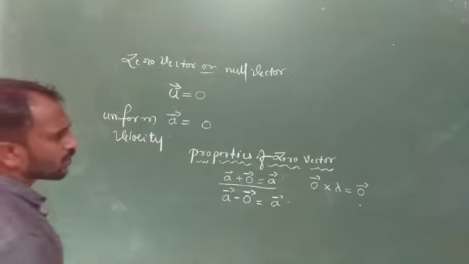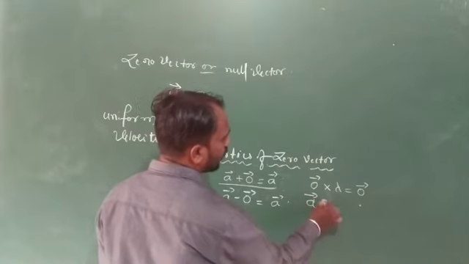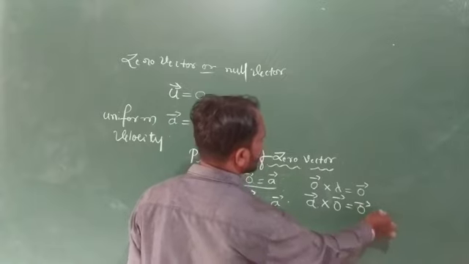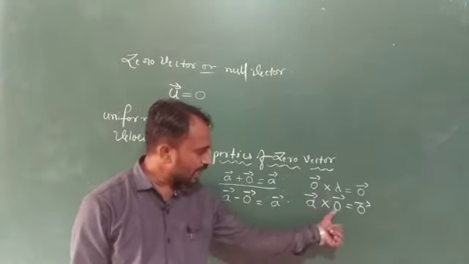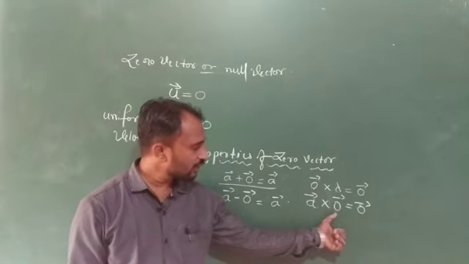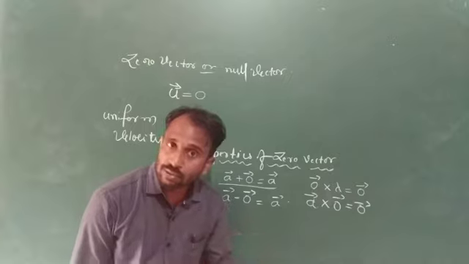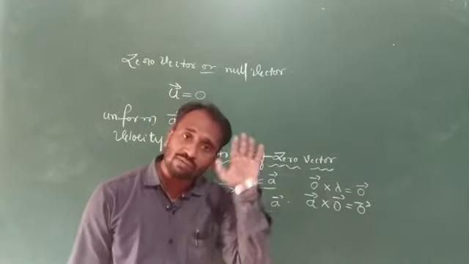And suppose vector A is multiplied with a null vector. It is always a null vector. Vector A multiplied with a zero vector or null vector always gives 0. It is not exactly 0, it has one particular direction.